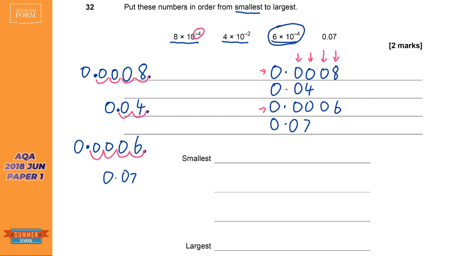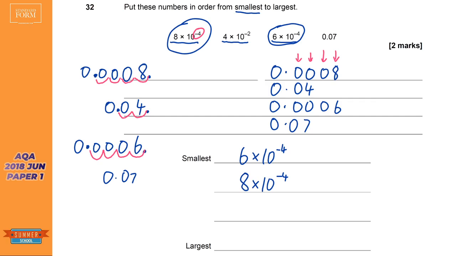Now it's really important that you write the original number in the question and not the decimal that we've converted it to. So whatever it said in the question, we write that. Now the next smallest is that 8 at the end, which looking back is this first one here, times 10 to the power of minus 4. Okay, so we've dealt with those now.